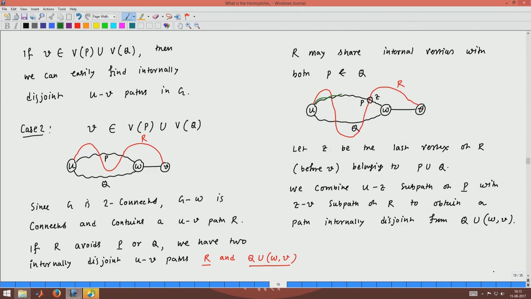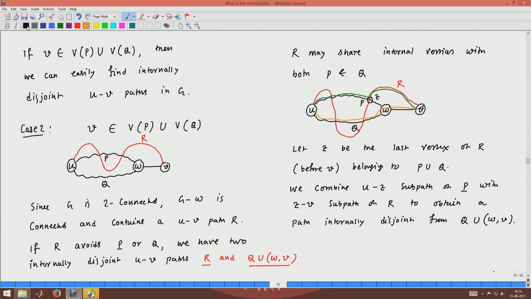So, basically this is one path, and the other path is this path, and you can see that these two paths, this green and the orange, are internally disjoint.